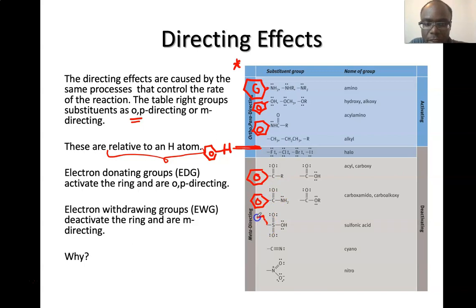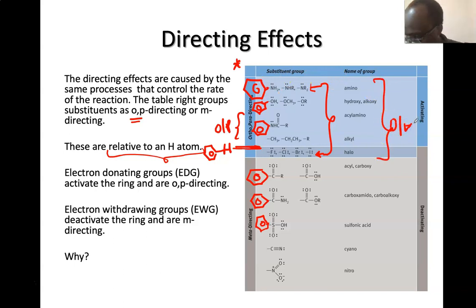So how will they direct? Turns out the ones from the amines to the halogens, all these classes of substituents already sitting on the ring will direct ortho para. Okay, so all this area, you expect them to direct ortho para.